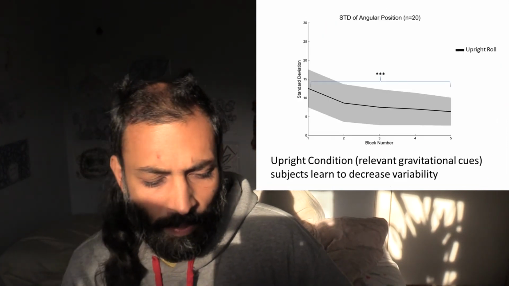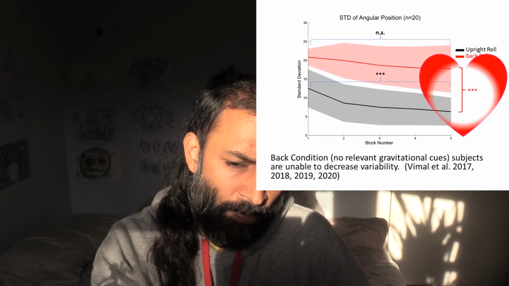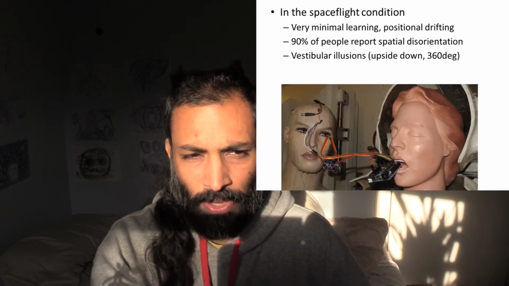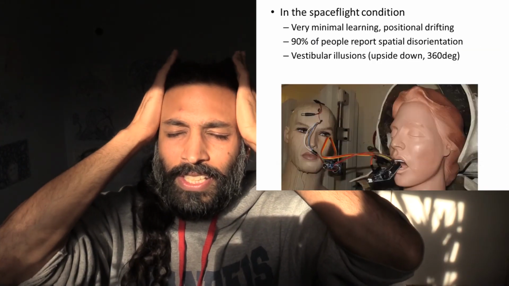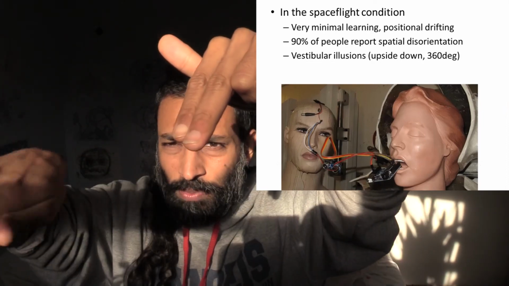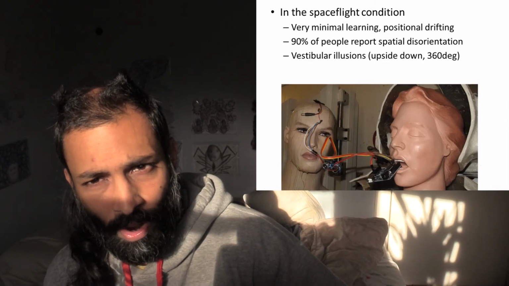Now what's interesting, and again, I'm not going to focus necessarily on the data, I just want to paint the picture of what people experience in this. You put people on their back, and it's really surreal, because within a few of these movements, people lose complete track of where they are.